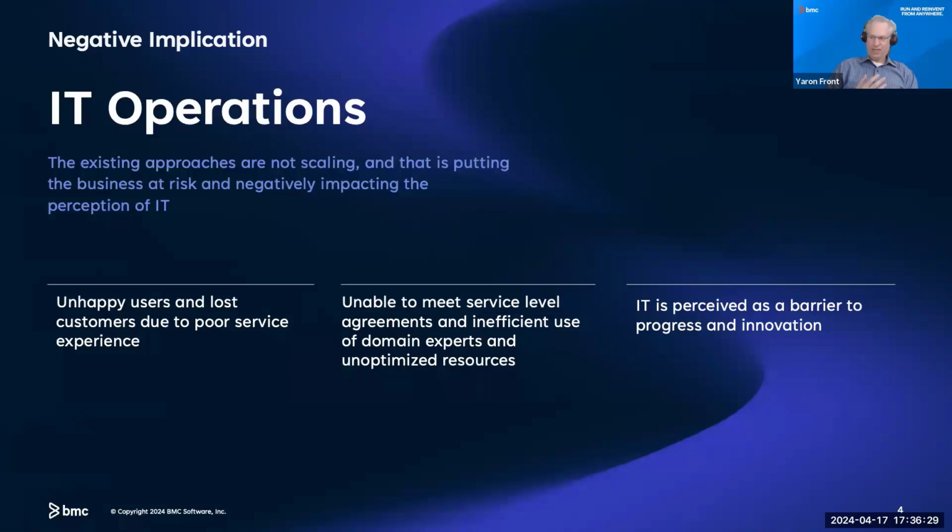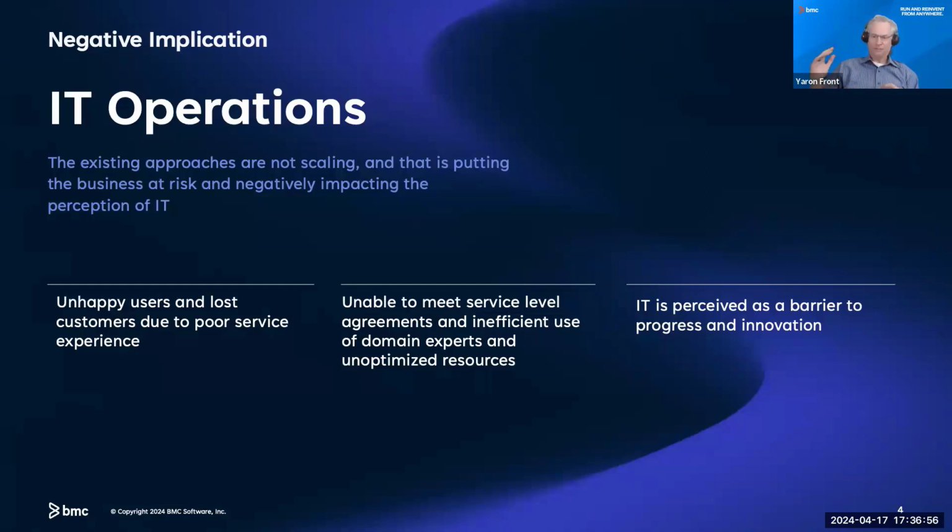So the negative implications of the existing approach, which is usually having, as I said, multiple tools, are that you have unhappy users with low customer satisfaction, which may impact loyalty and ultimately impacts revenues.